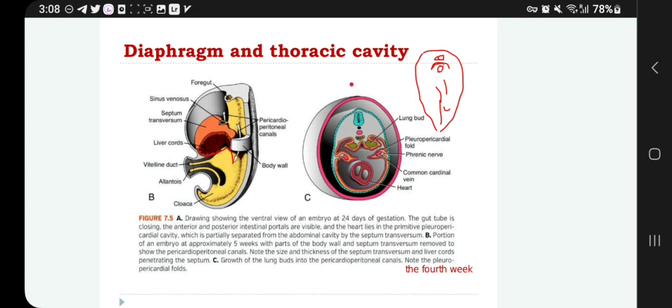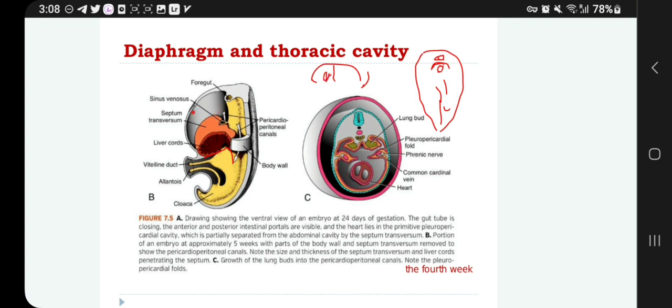During the folding, this part goes inferior, and this part goes inferior like this, as you can see from the lateral view. The septum lies here, and the cardiogenic area is anterior, in this area.